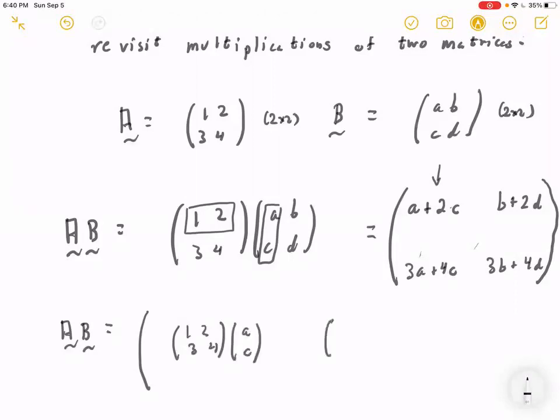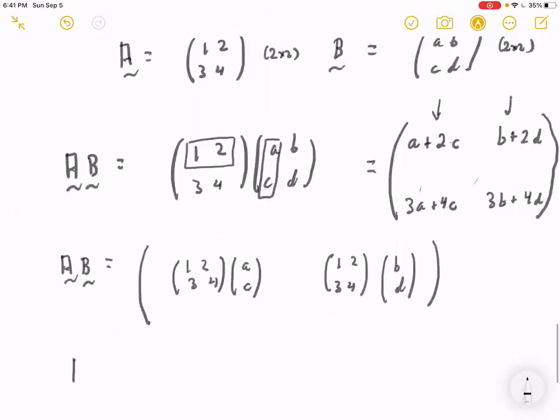And the second column is really 1, 2, 3, 4, that square matrix of order 2 times this 2x1 matrix. So what we're saying is that the matrix A times the matrix B has as its first column A times this vector, and its second column is A times this vector.